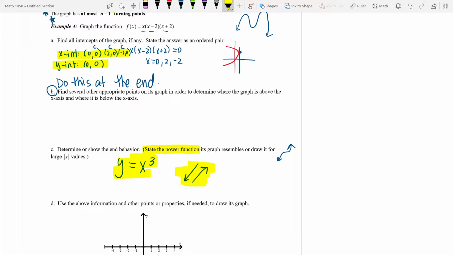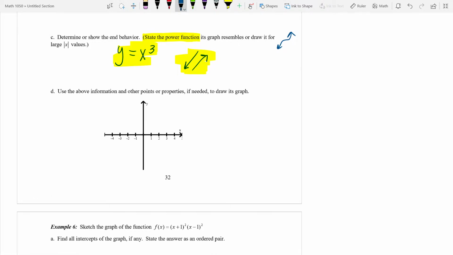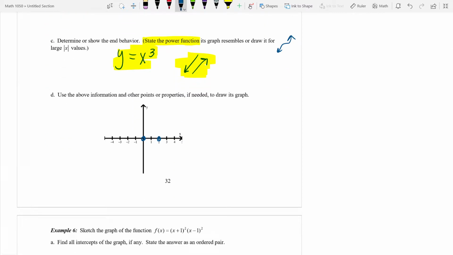Okay? Okay, let's graph those x-intercepts. So they are 0, 0, 2, 0, and negative 2, 0. They all cross. So what I do, you guys, is I put little C's right there to tell myself, remember to cross. Now here's the other thing, guys, look. My left part of my graph is supposed to be going down.